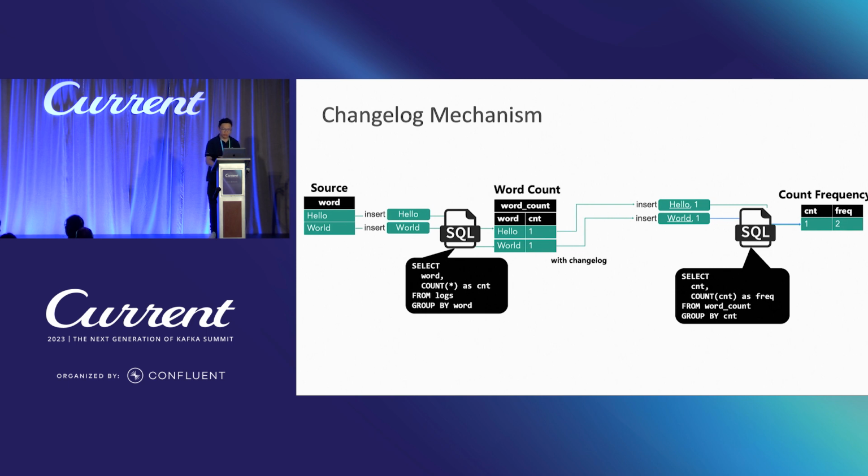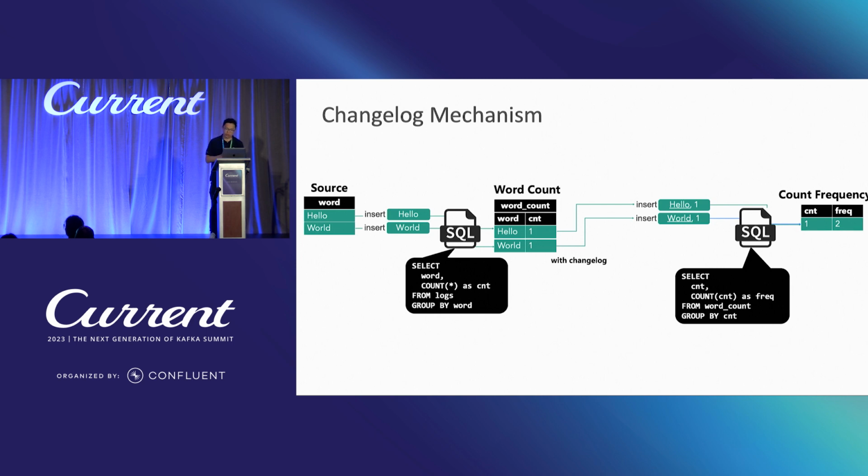So we know how Flink SQL works, but the most important contribution of Flink SQL is the changelog mechanism. Changelog is not a new concept invented by Flink SQL. In the relational database world, MySQL uses the well-known binlog, a binary log, to represent a changelog that records all modification operations to the database, including insert, update, and delete operations.